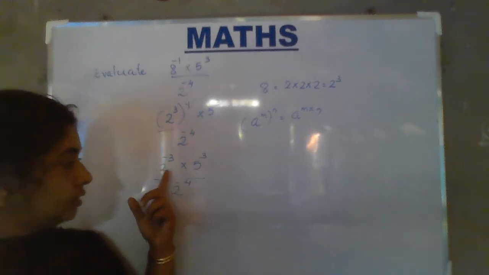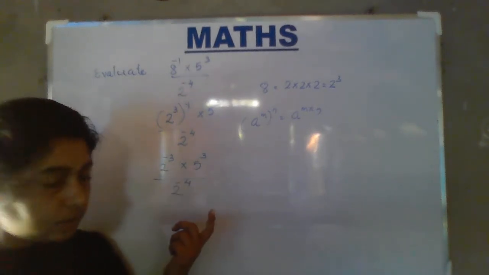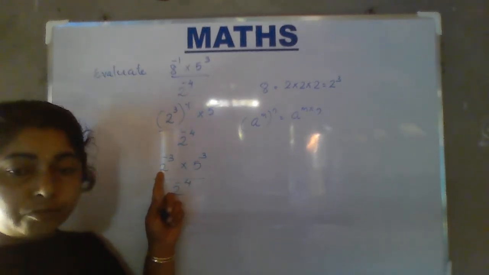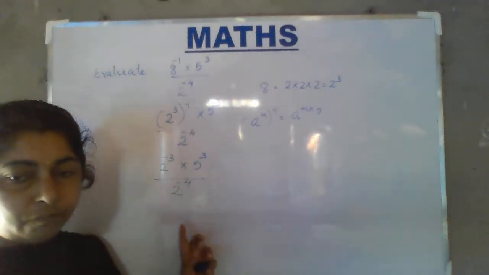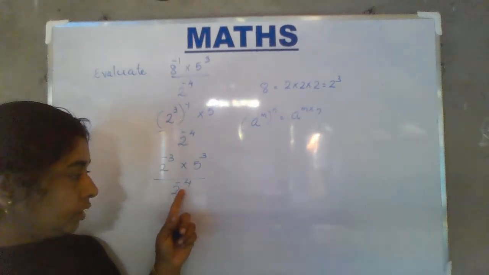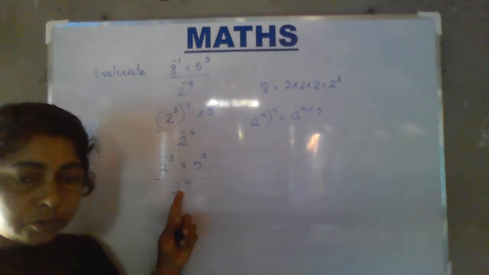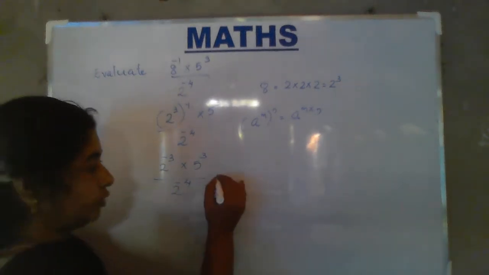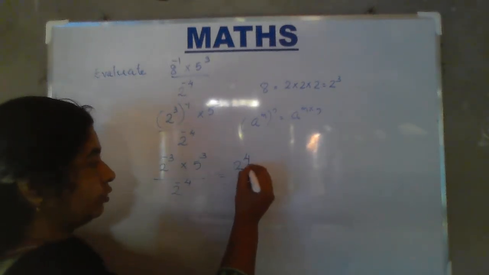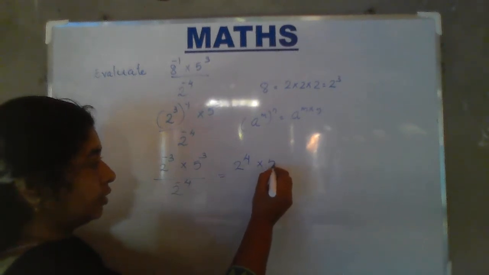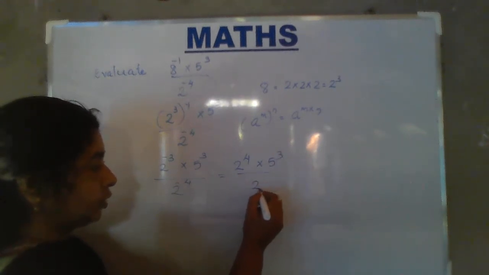Now to make its exponent positive, we take its reciprocal. So the reciprocal of 2 raised to minus 3 is 1 by 2 raised to 3. Then the reciprocal of 1 by 2 raised to minus 4 is 2 raised to 4. So we can write this as 2 raised to 4 into 5 raised to 3 by 2 raised to 3.